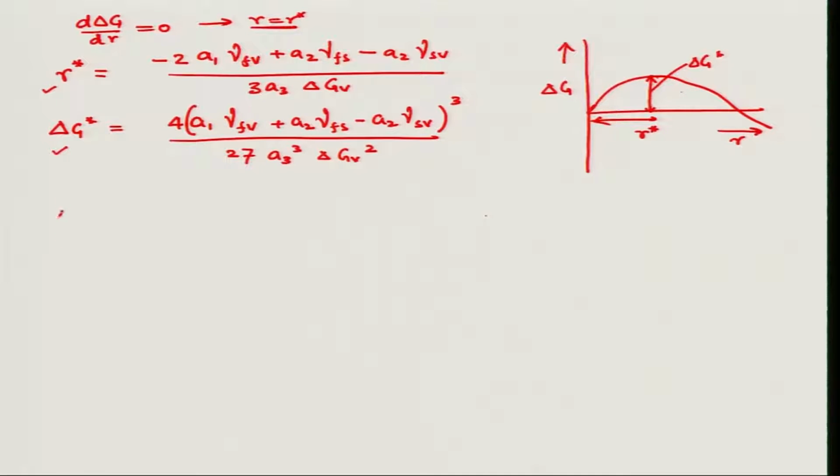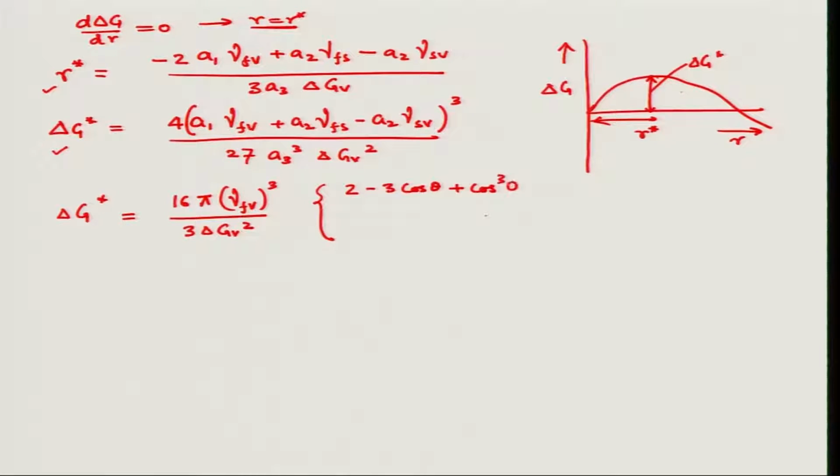We can further simplify this change in free energy expression as 16 pi gamma FV whole cube divided by 3 delta GV square, times 2 minus 3 cos theta plus cos cube theta divided by 4. So, I have converted all the surface energies into surface energy with FV using the term theta.